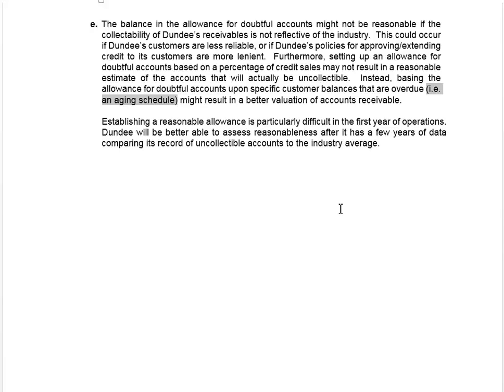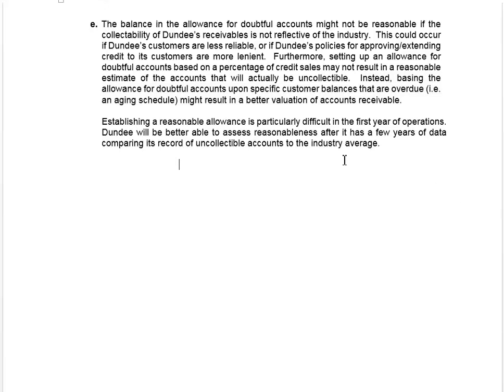I'm going to look at what my customers have not yet paid me and get a feel for how much of that I think I'm still not going to be able to collect, and set up my allowance like that. So again, this statement here is very telling, because a lot of companies use a percentage of credit sales throughout the year, but when they need to finalize their balance sheet and what they're going to put on it, they might use the aging schedule to get a more accurate number.